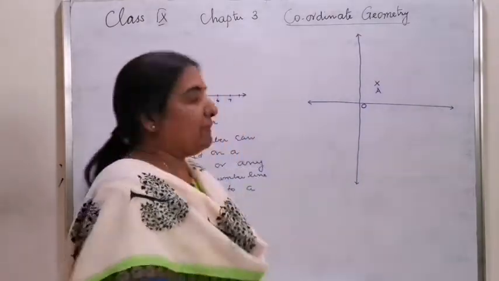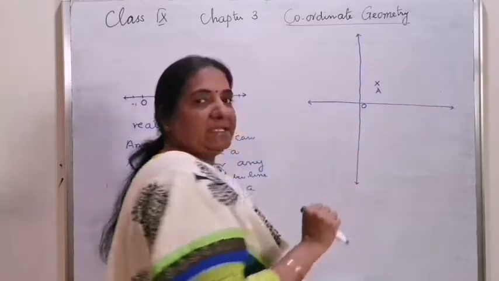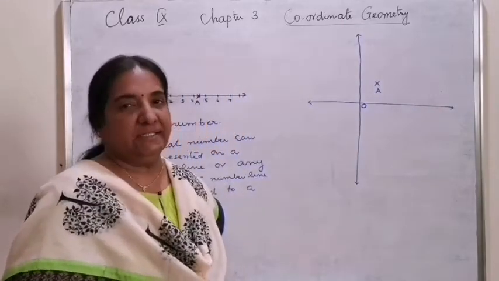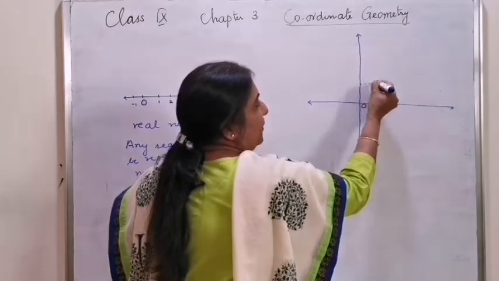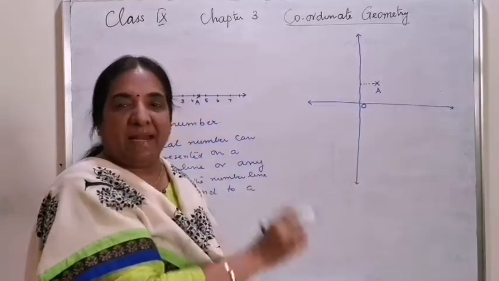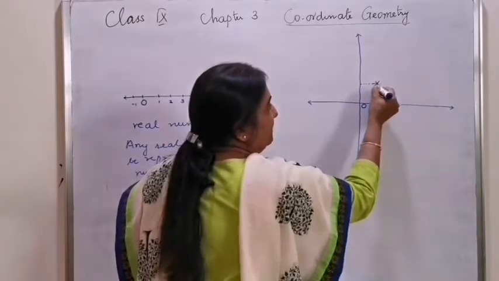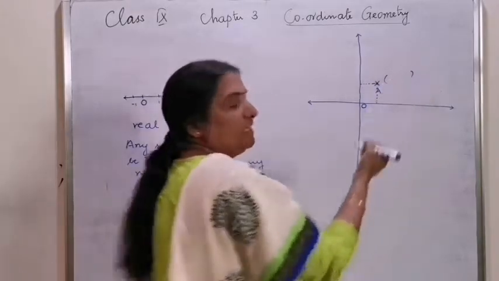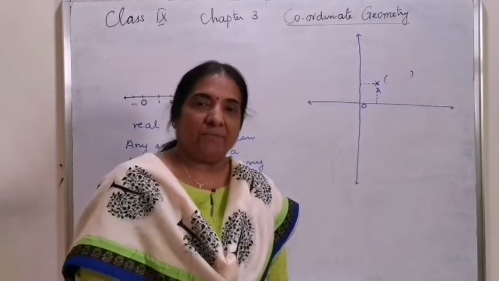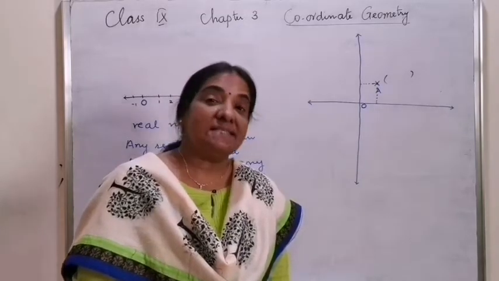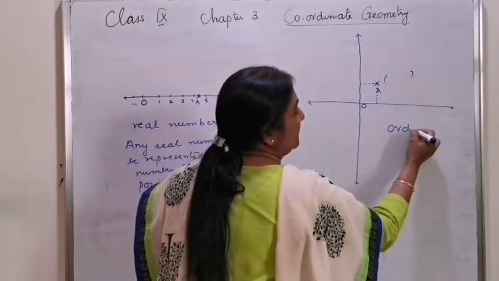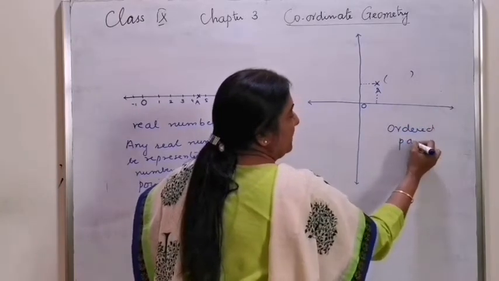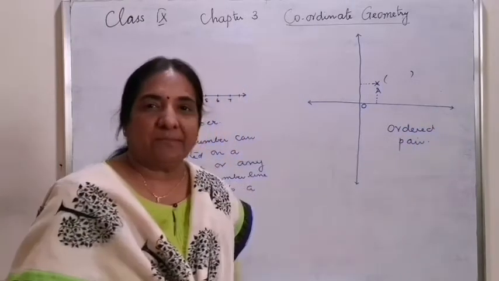If you prepare two number lines which are perpendicular to each other, and if the point A is in that plane, you can fix a position for that point A not with a single number, but with an ordered pair.